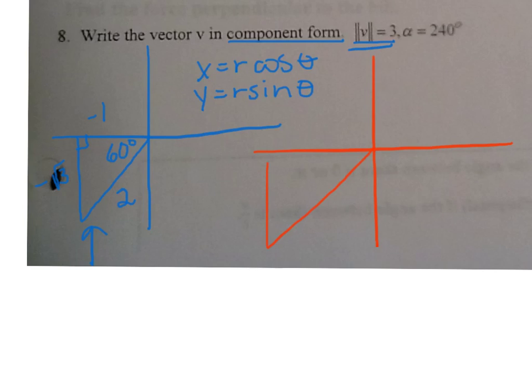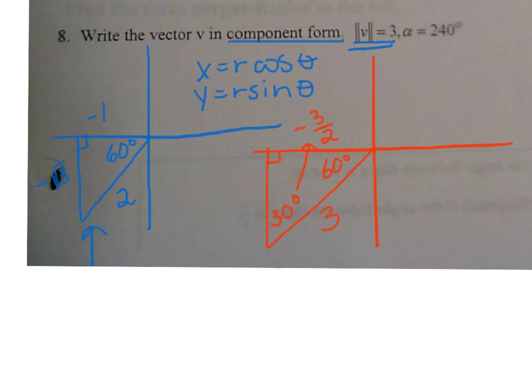The angle we're not changing. It's still going to be here in the third quadrant. It's still going to be a 60-degree reference. Now, if I change this to magnitude 3, it means the hypotenuse is 3. And in a 30, 60, 90, the one across from the 30 is half the hypotenuse. So what if I call it 3/2?